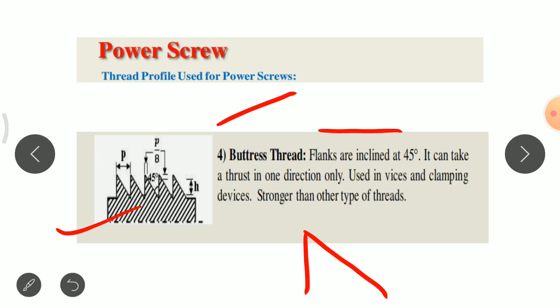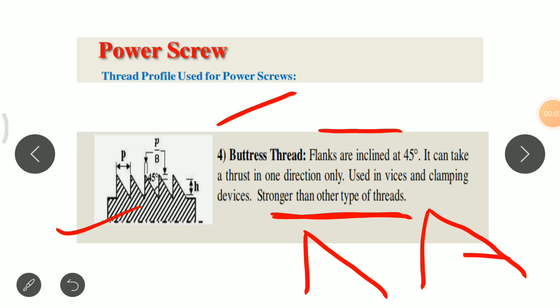The first is that the efficiency of the thread is high. The second is ease of cutting, that is, from the manufacturing point of view. It is also stronger than any other type of thread because it has a larger section or larger area at its root point.